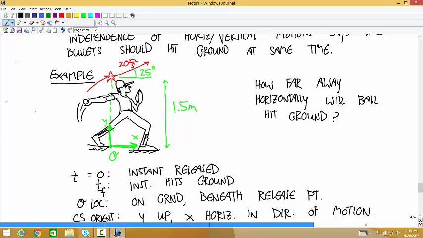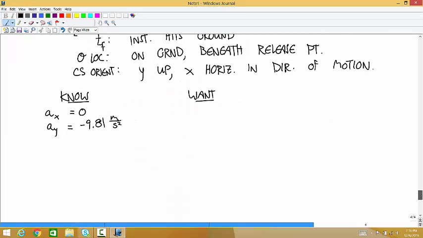Horizontally it's 0, and then vertically you have to go 1.5 meters in the positive y direction. So what you're doing there is you're giving the coordinates of the object when time is equal to 0. So PIX is 0. PIY is positive 1.5 meters.